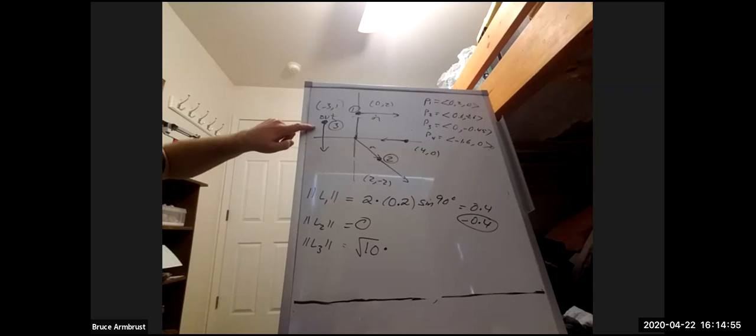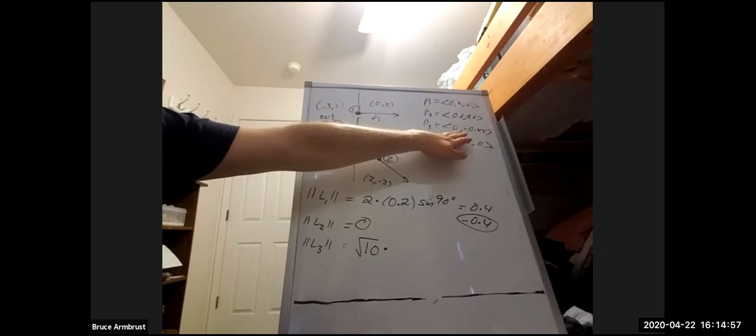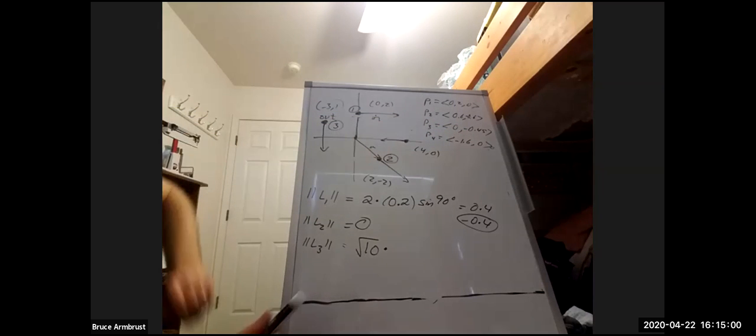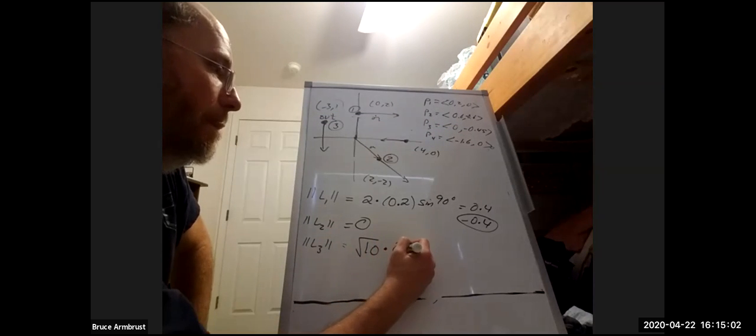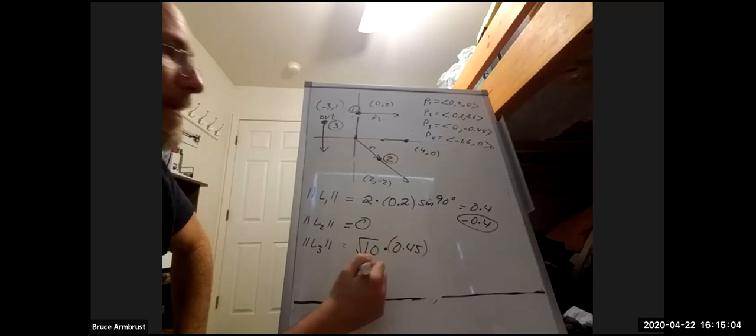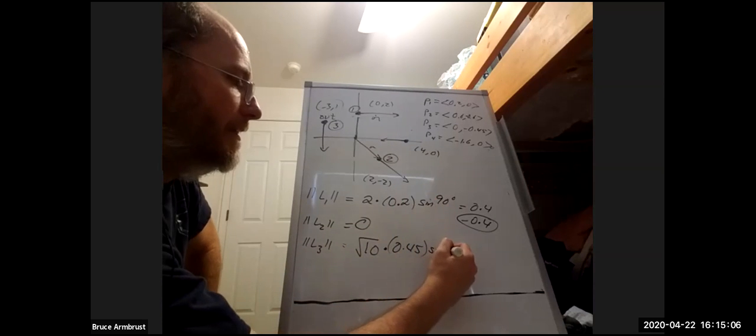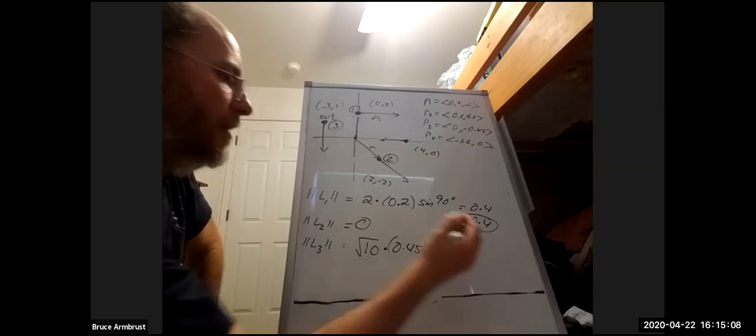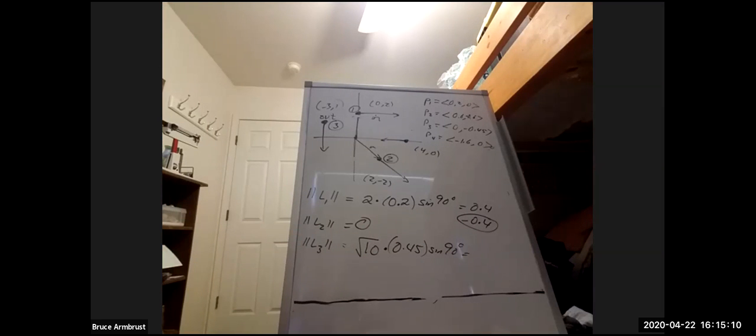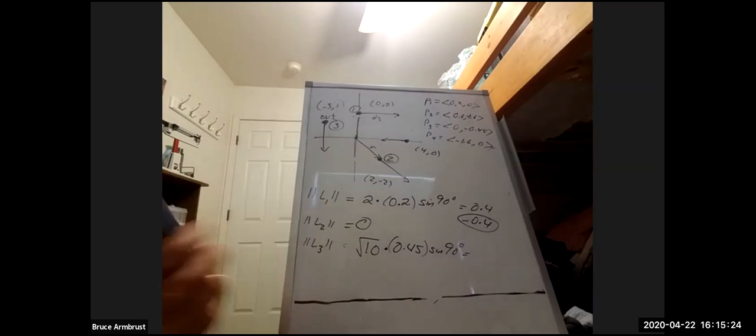The magnitude of its momentum, if we look over here, is 0.45. And again, the angle in between them is 90 degrees. They are orthogonal, they're perpendicular. So we can just multiply those. Let me get a decimal approximation for that. So 0.45 times the square root of 10 is 1.423. We'll call it 1.4.